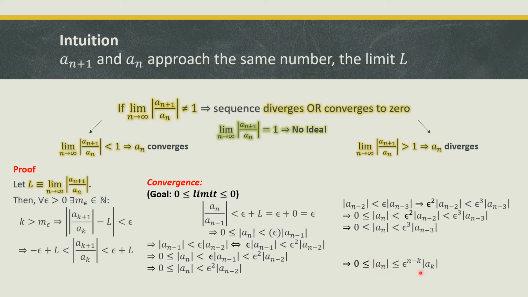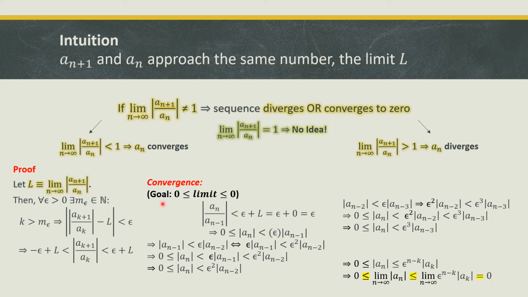What we can do instead is choose epsilon to be less than 1, because by doing that, if we choose an epsilon that is less than 1, we can make the following claim. This limit here, if epsilon is less than 1, if we apply the limit operation, you see that that is 0. A number less than 1 multiplied by itself many times gets closer and closer to 0.